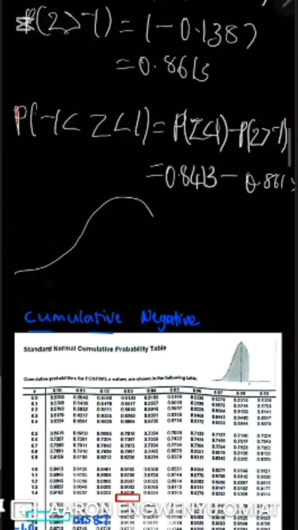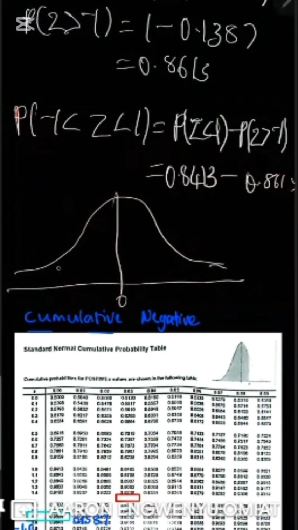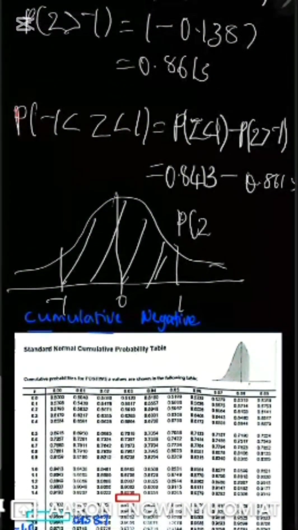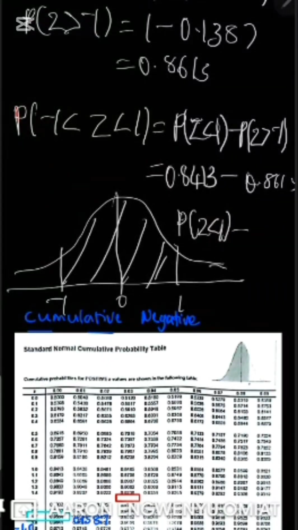This is our graph with 0, -1, and 1. We want this probability. So this is the same as the probability of z less than 1 minus this one. Oh, I think I made a mistake. Irene, you were right at first.